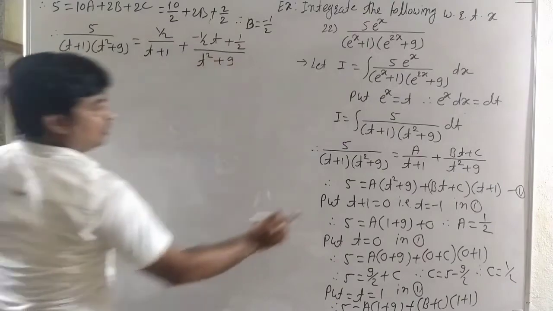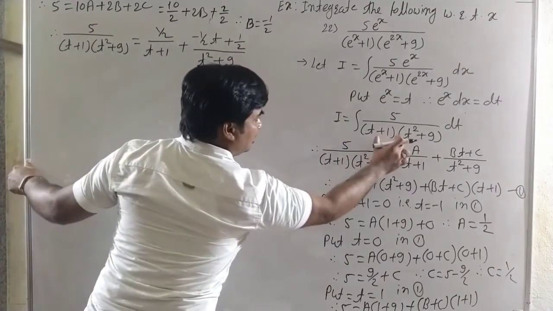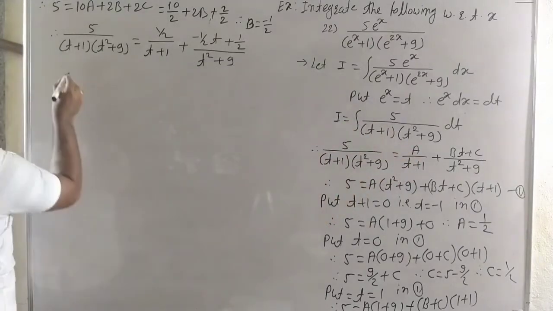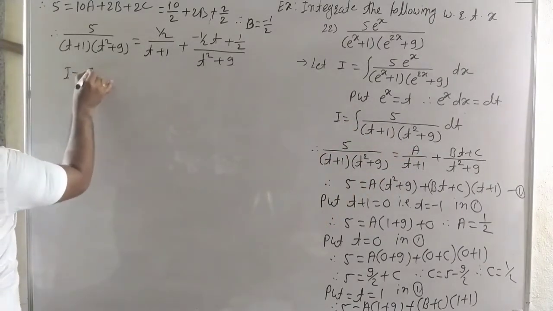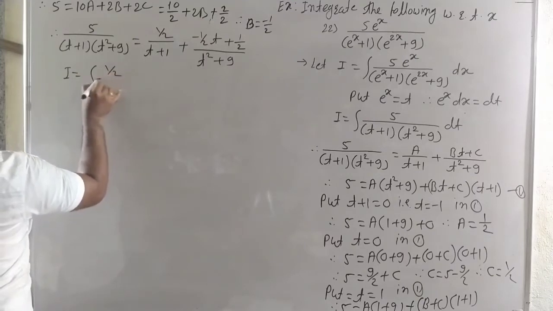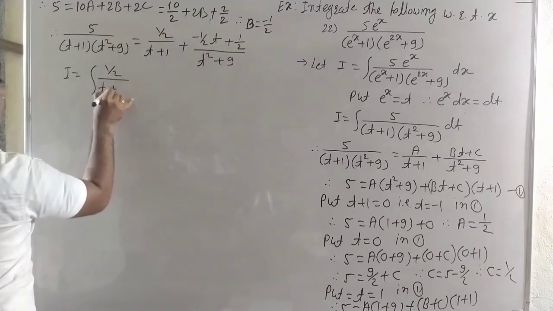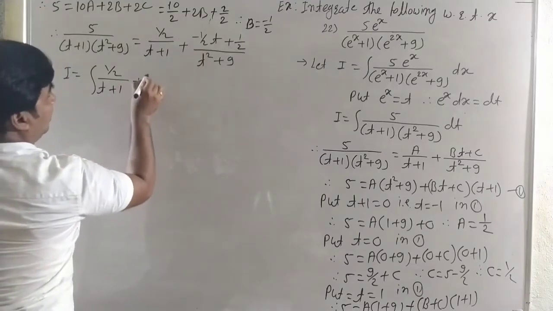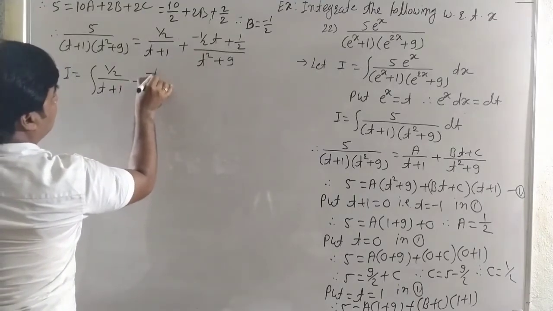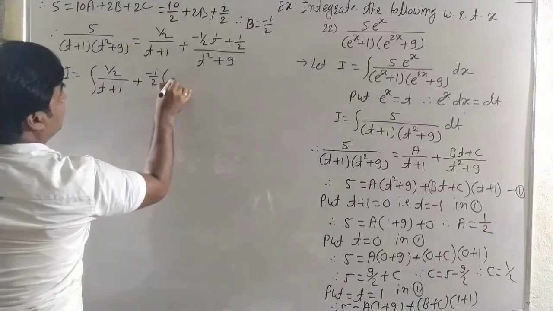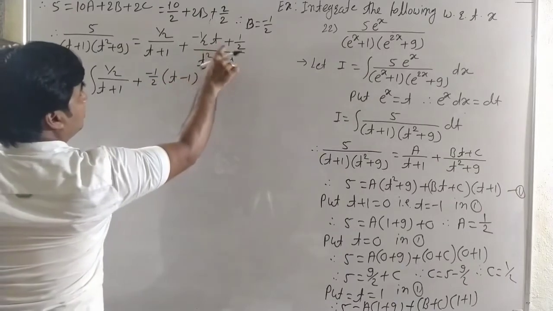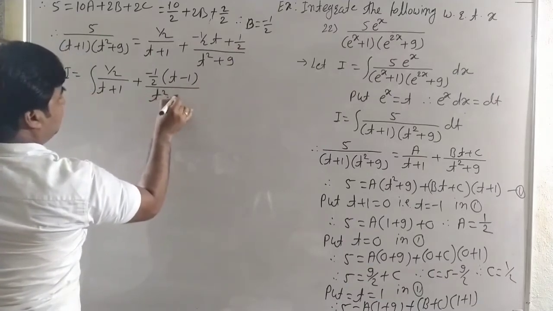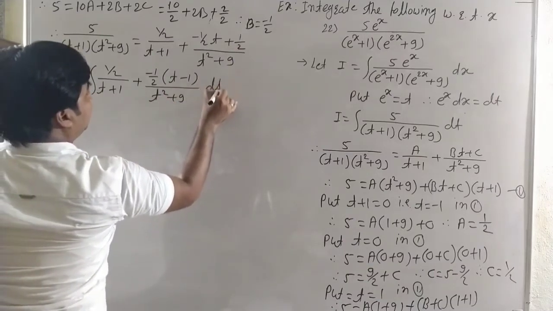Then we can find the integral, this function replaced by this. Then integral is equal to 1 by 2 upon t plus 1, and we can take the minus 1 by 2 common, and then it is t minus 1 upon t square plus 9 dt.